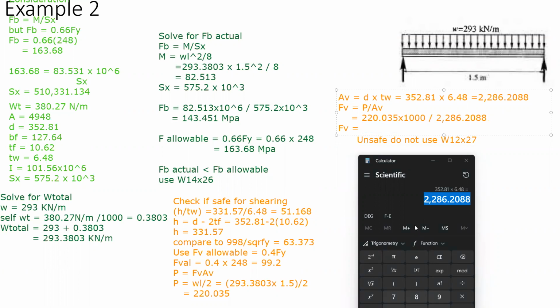So pagbabago yung actual FV natin. So let us put that here. And our FV now would be equal to 96.244 megapascal.